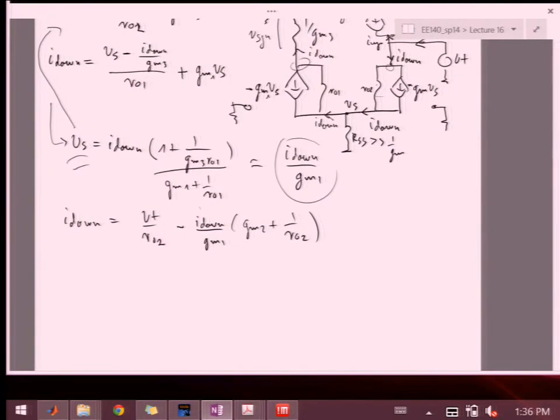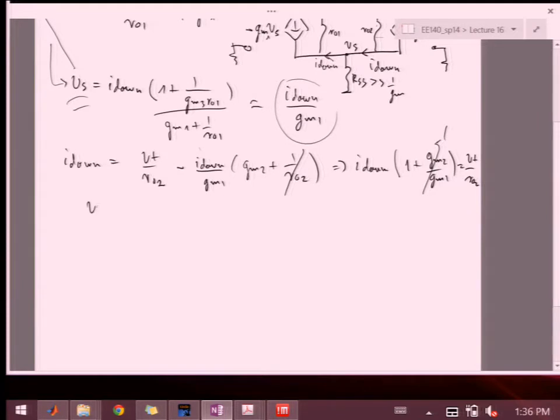Again, 1 over RO2 I'll neglect because it's a lot smaller than GM2. And from this, I get that I down times 1 plus GM2 over GM1 is equal to Vt over RO2. What is GM2 over GM1? It's 1. Right? So I can't neglect that.